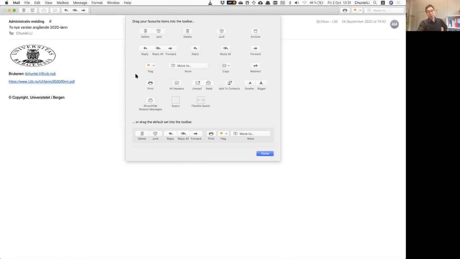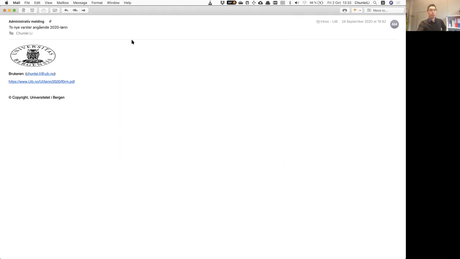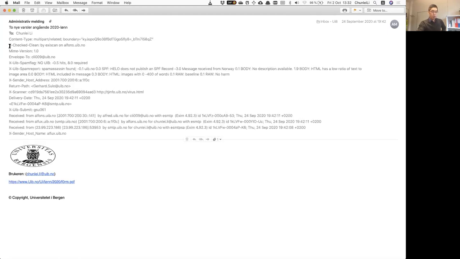If you use the macOS mail client and click here, you have this customized toolbar, then you can drag this to show the header information like this. Here you will see more of the traffic from the sender to you, and you can investigate this.